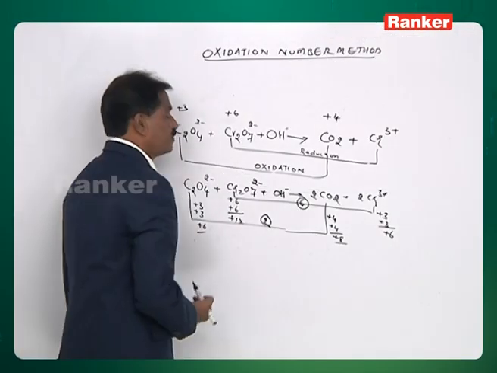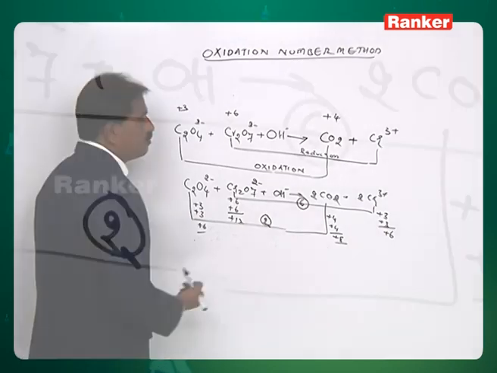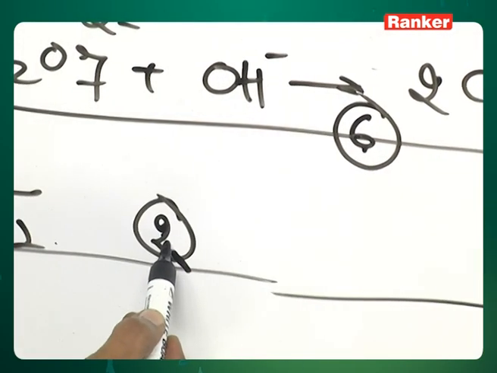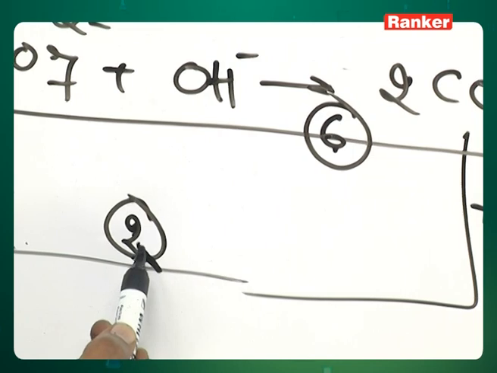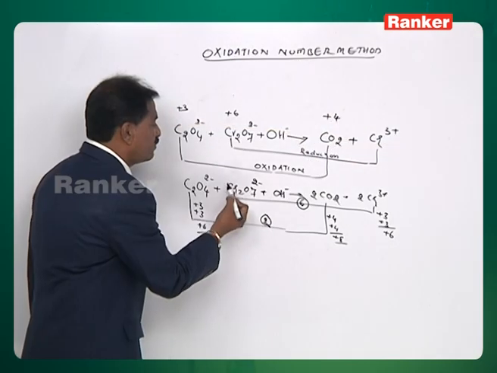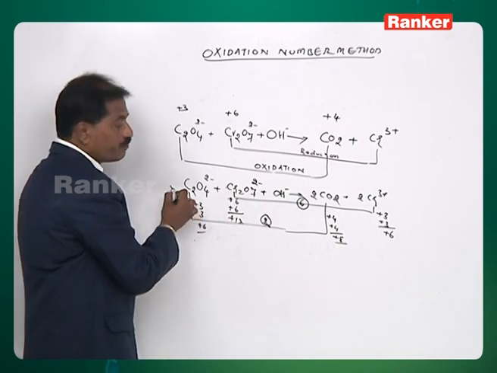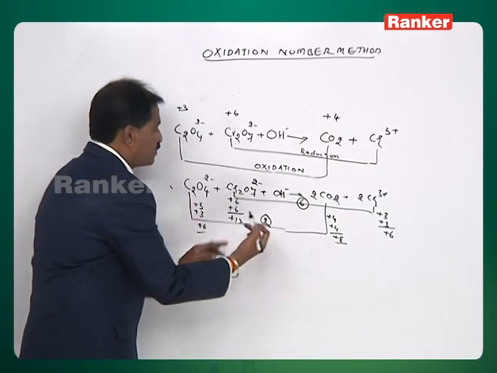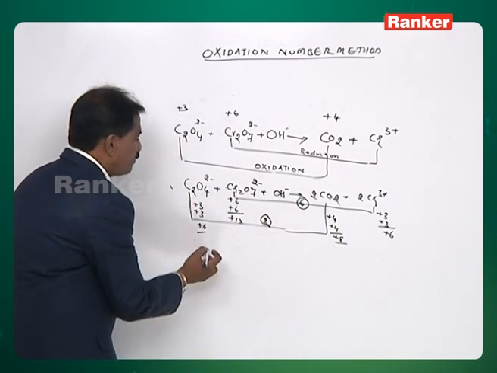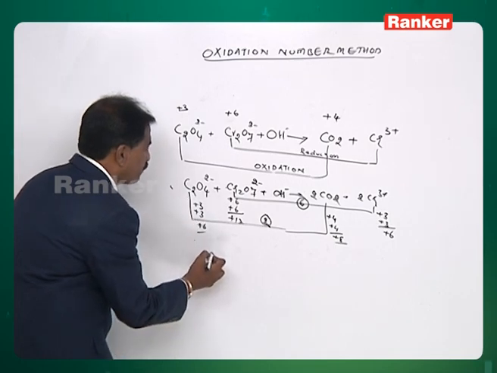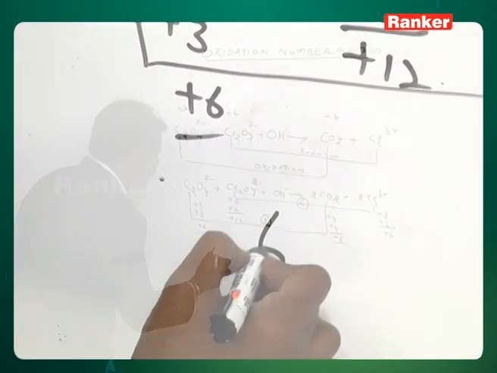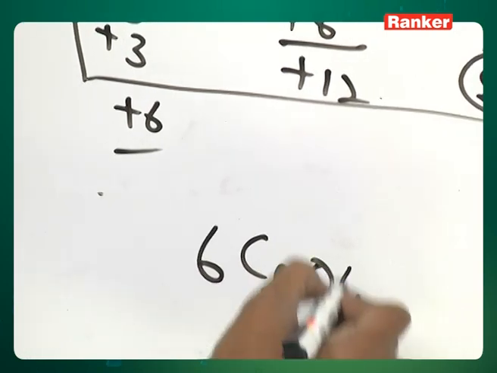2 and 6. Next, in the next step, exchange these numbers. That means you keep this 2 in front of the dichromate. You keep this 6 in front of the C2O4. Exchange the differences. So if you exchange the differences, here we will get 6 C2O4 2-.